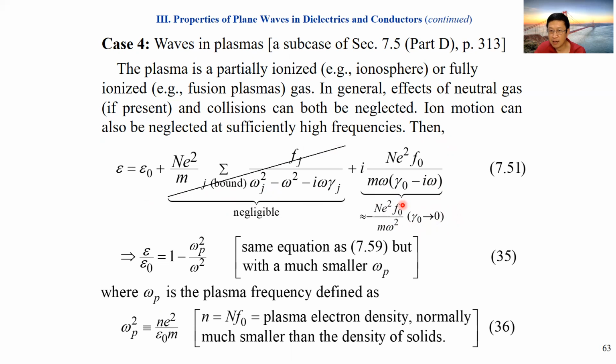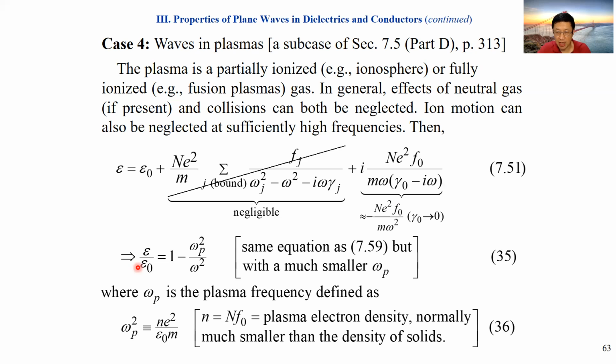Because for plasma, the density is relatively low, so collision is low compared with the frequency. Therefore we have N e squared over m epsilon 0, and you can omit this part, just keep this part, and this part becomes negative. So for plasma, it looks similar to case 3.2.